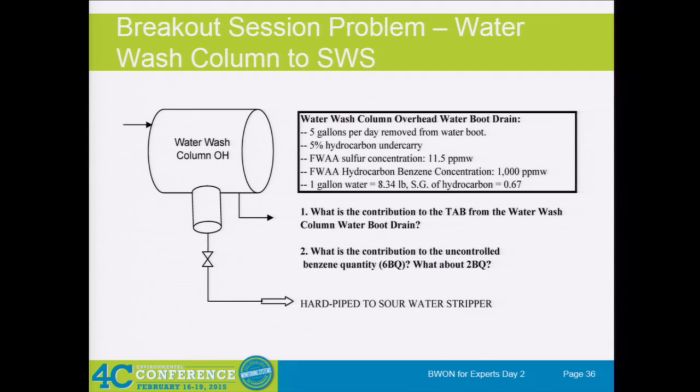So it's a total of 5 gallons that's drained, and 5% of that is hydrocarbon. The flow-weighted annual average sulfur concentration is 11.5. Flow-weighted annual average benzene concentration is 1,000 ppm. Use your conversion factor. What is your contribution to the tab from this?